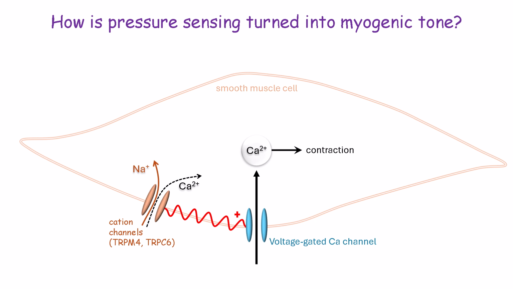There is evidence that the process might be amplified by calcium-activated chloride channels. As the cytoplasmic calcium ion concentration rises, calcium can bind to and activate the chloride channel. As the channel opens, chloride ions flow out of the cell down their electrochemical gradient, and that depolarizes the membrane further.